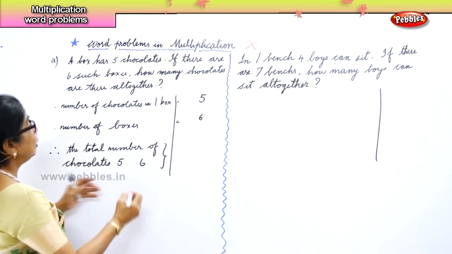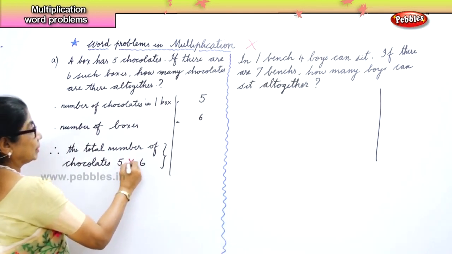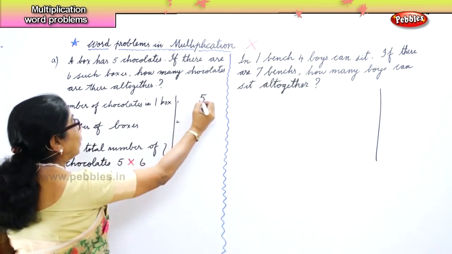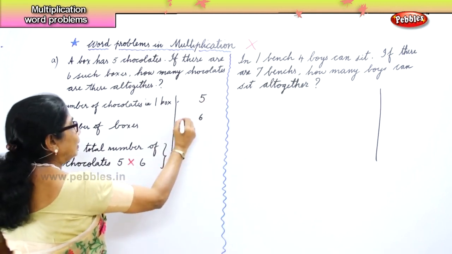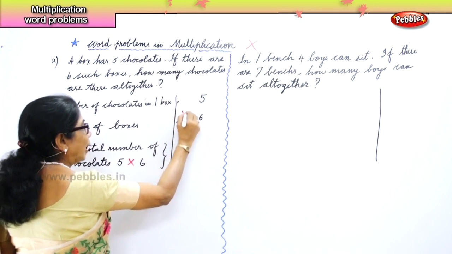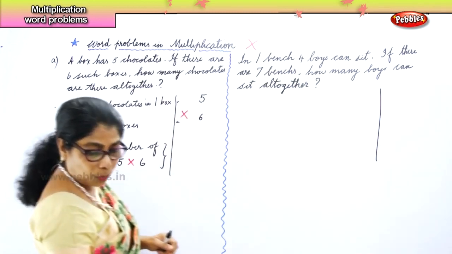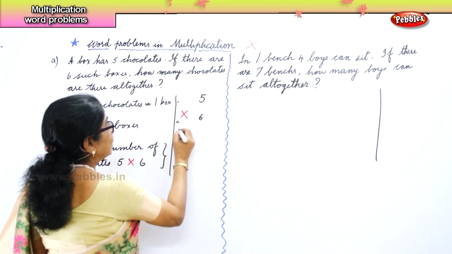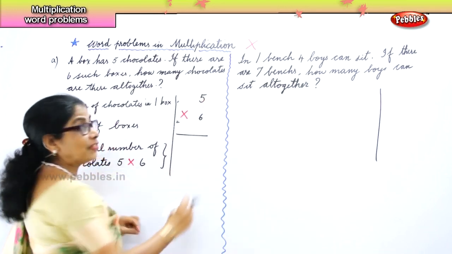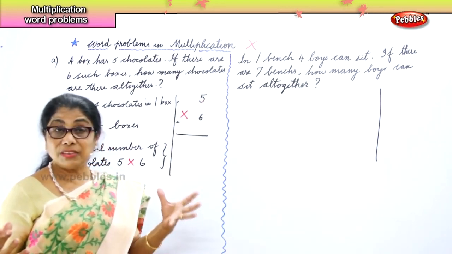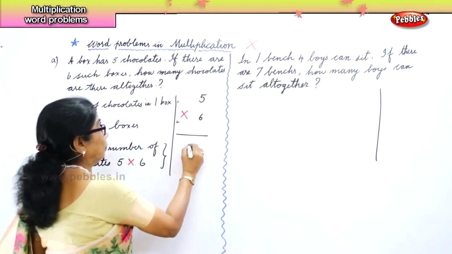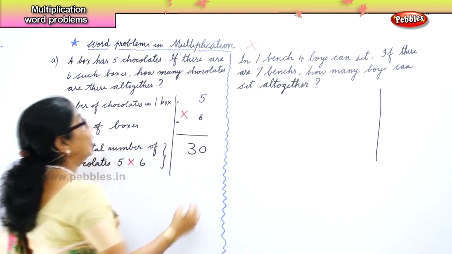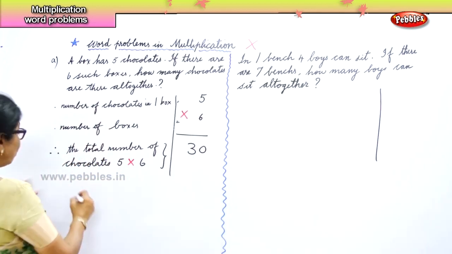So you're going to multiply. There are 5 chocolates in one box, and you have 6 boxes. So one box has 5, therefore 6 boxes, 6 fives are 30. So what is the answer? There are 30 chocolates altogether.